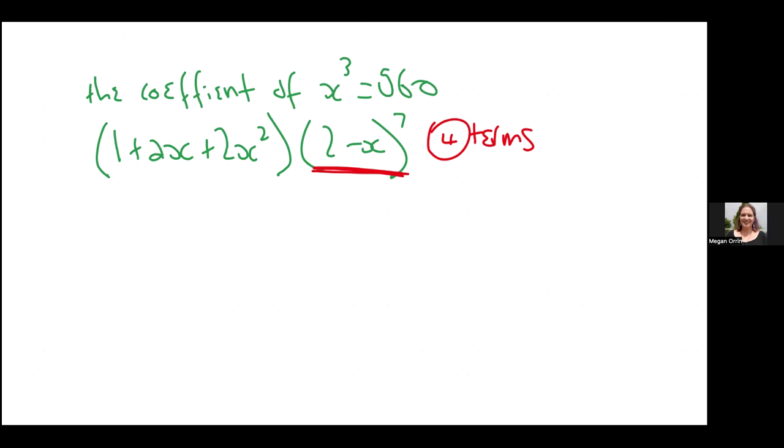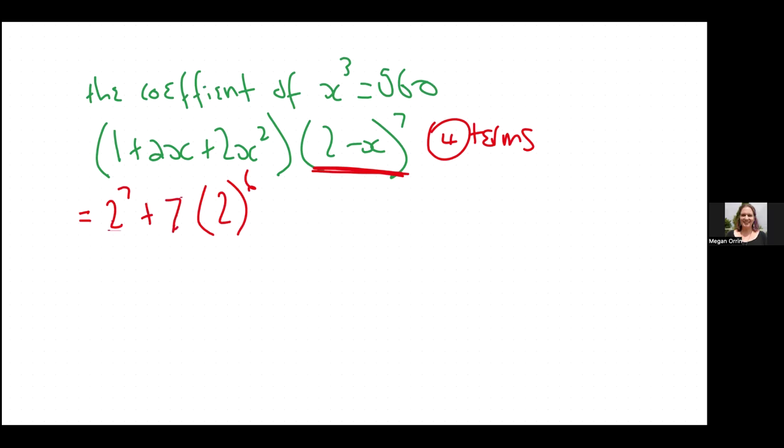So I'm going to say that my first 4 terms are 2 to the power of 7 plus, what's my coefficient? 7. And then I've got 2 to the power of 6. Okay, whatever.